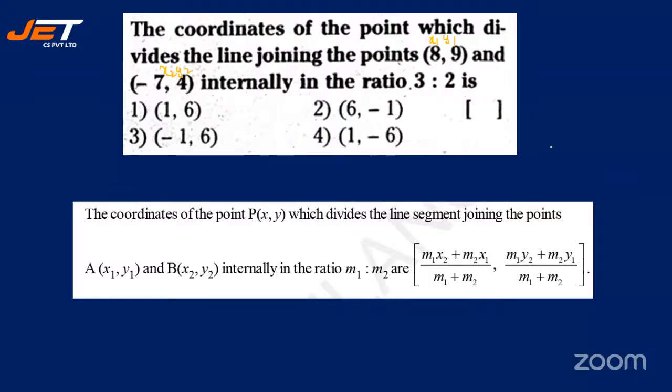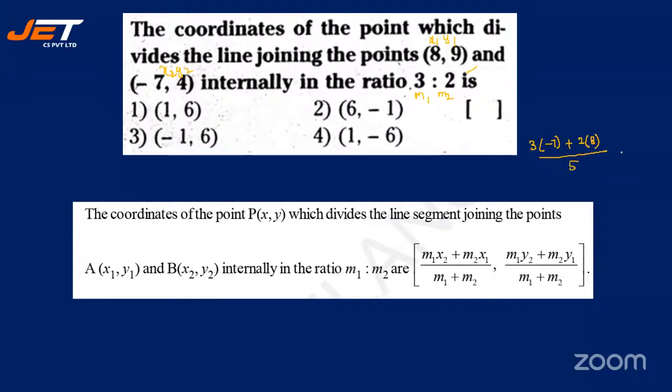So this is m1, m2. So what is m1? 3 into x2, which is -7, plus m2, which is 2 into x1, 8, by m1 plus m2.